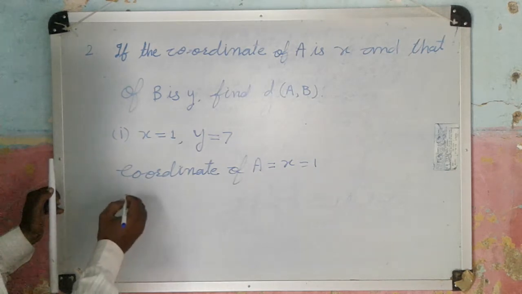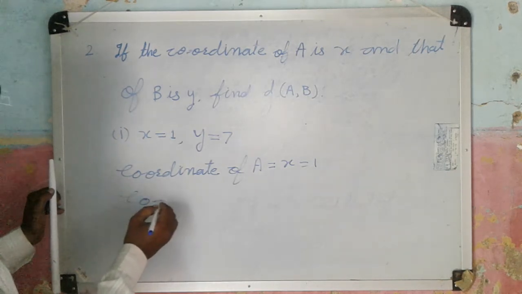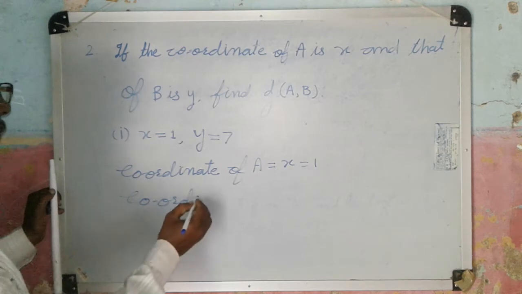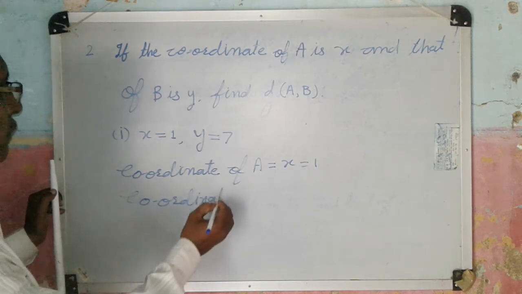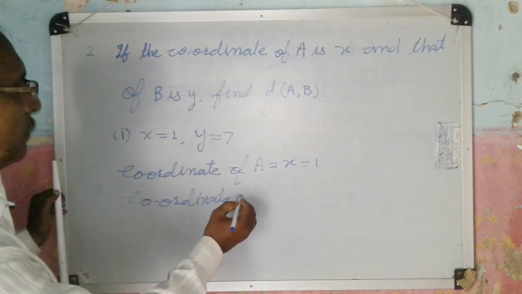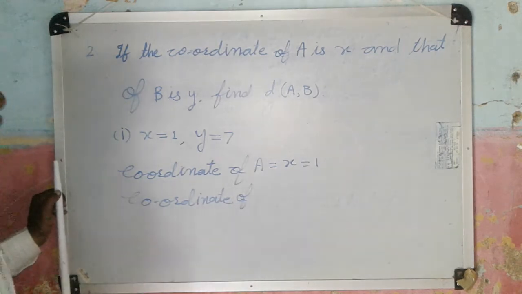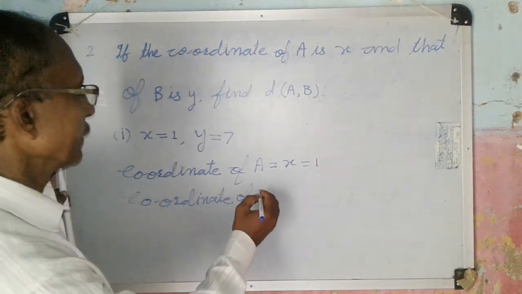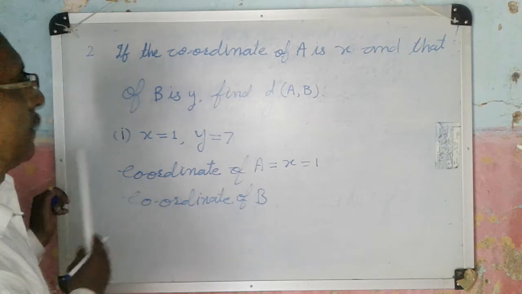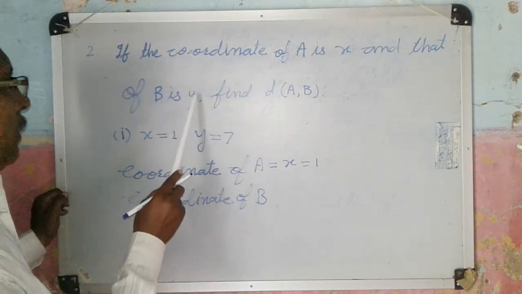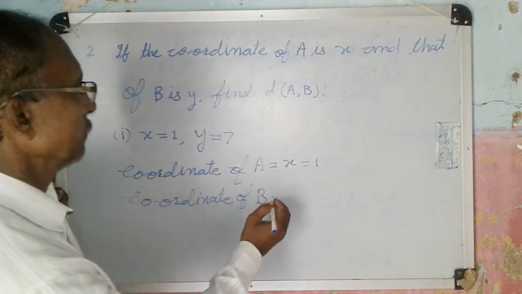And coordinate of B is y and the value of y is 7.